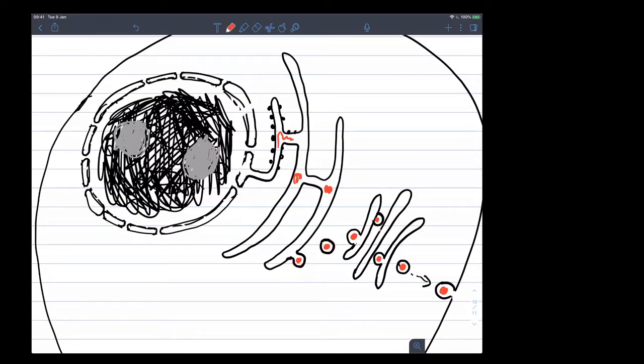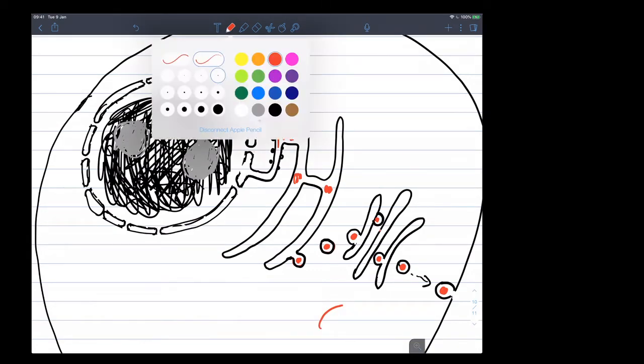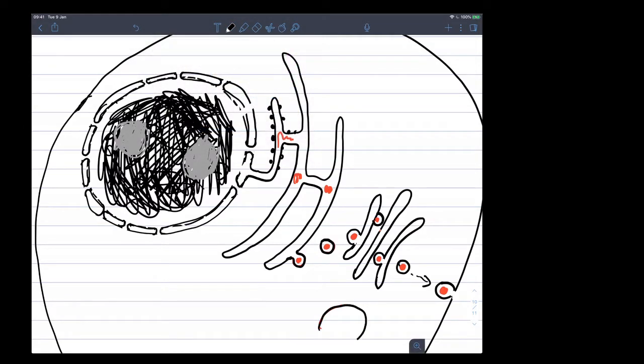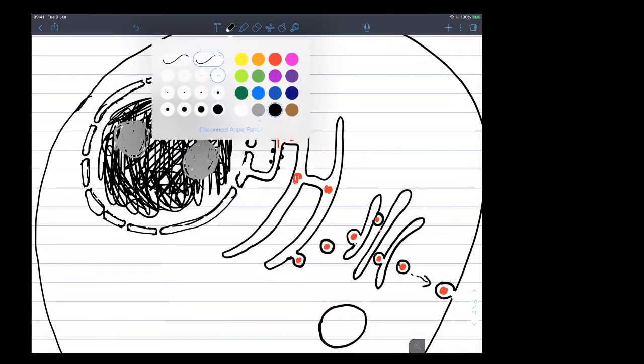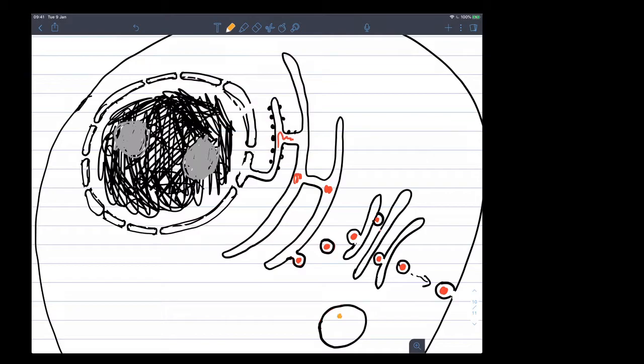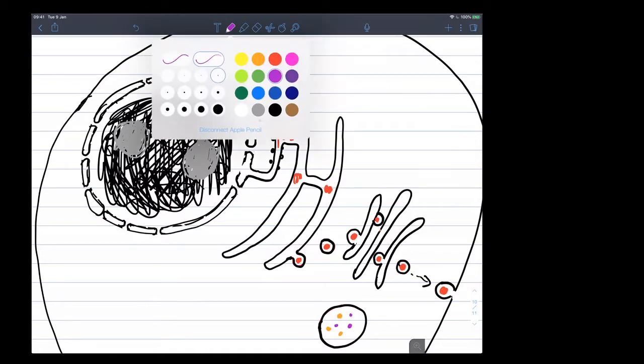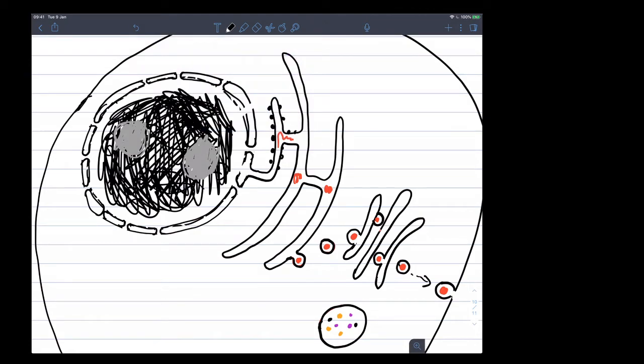But it could also be that this vesicle is going to another organelle called a lysosome, right? So the lysosome has got lots of hydrolytic enzymes. Okay, so it's got some lipases, for example. It might have some proteases. It might have some carbohydrases. So all these enzymes.